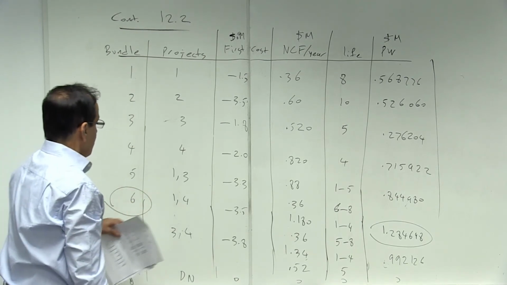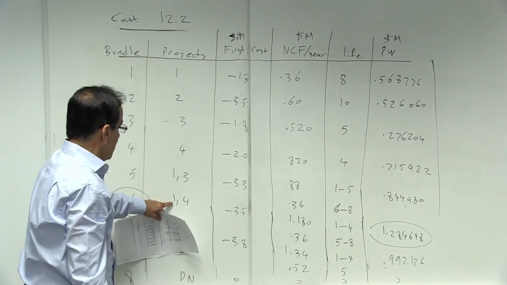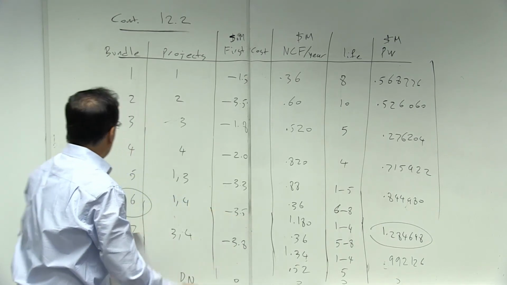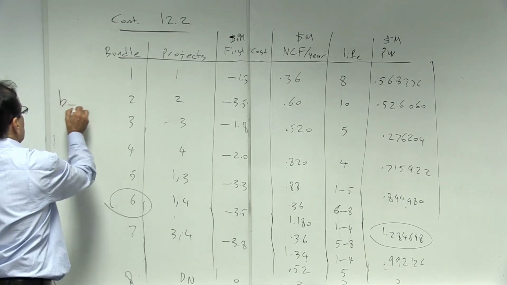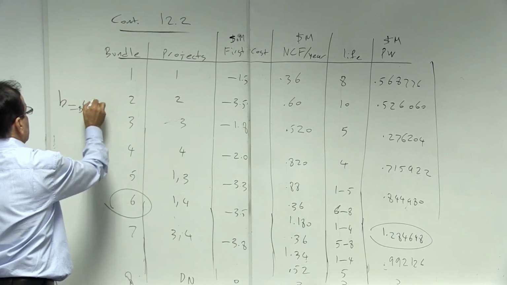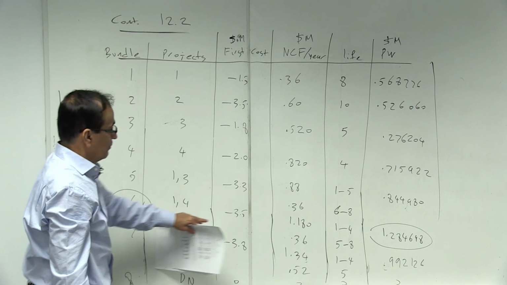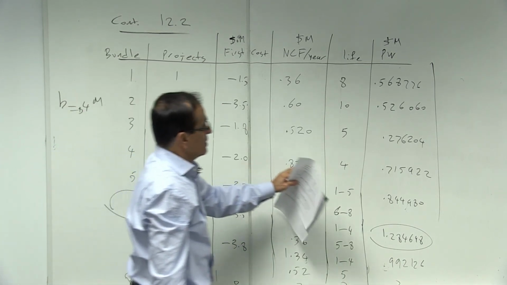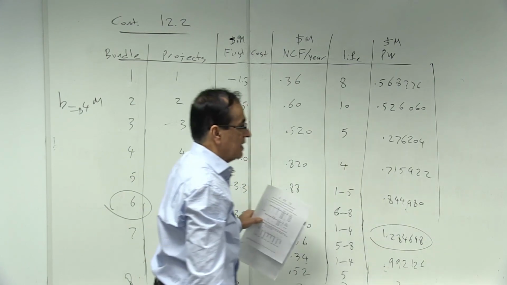It means if you combine alternatives 1 and 4, your initial cost is going to be $3.5 million. Remember, my budget was $4 million, so you still have $0.5 million left. That gives you the highest present worth value, so that's the best choice.